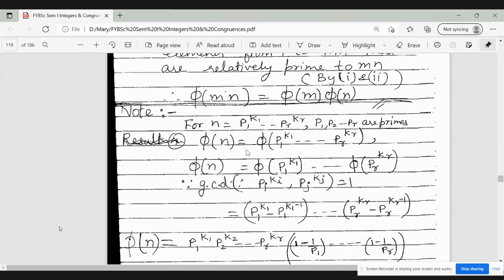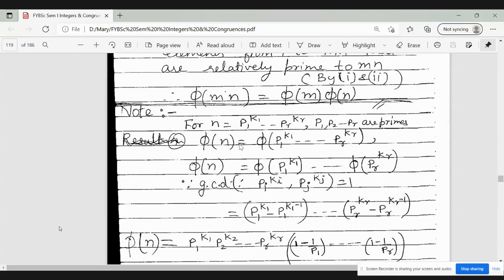Now, if the GCD of these two numbers is 1, then phi of n will be phi of this into phi of this, by the result which we did just now. And phi of p1 raised to k1 will be p1 raised to k1 minus p1 raised to k1 minus 1. So this is the formula.